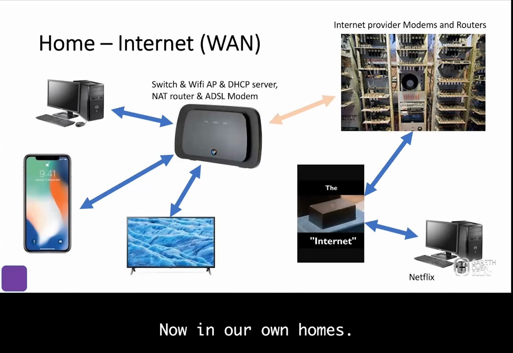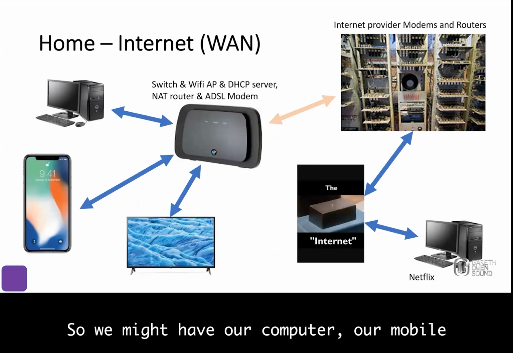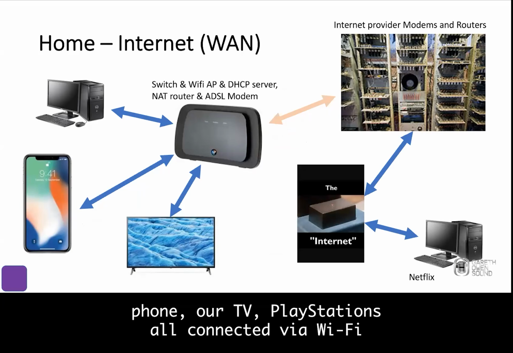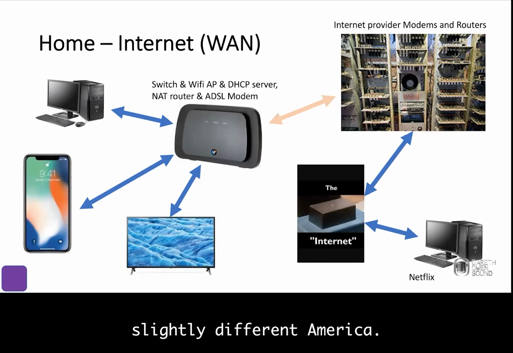Now, in our own homes, we're probably actually a bit more familiar with networks than we think. So we might have our computer, our mobile phone, our TV, PlayStations, all connected via Wi-Fi to our home hub or broadband box, or whatever you might call it. It's slightly different in America.